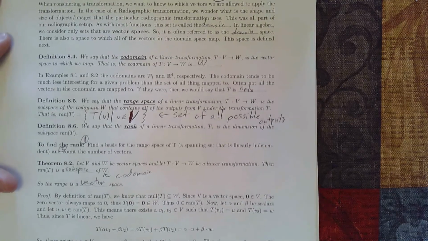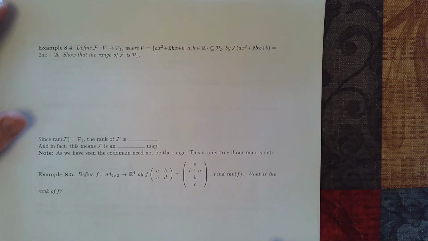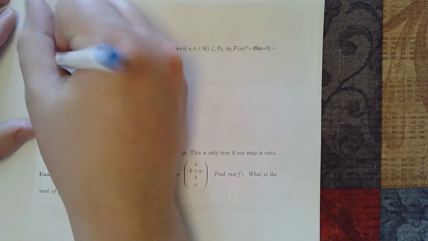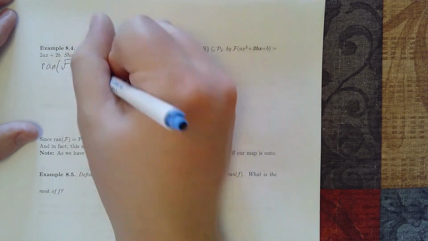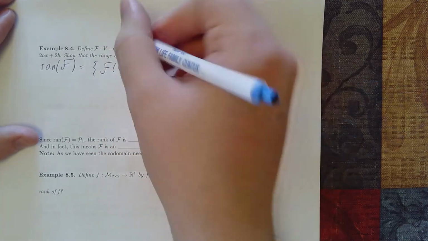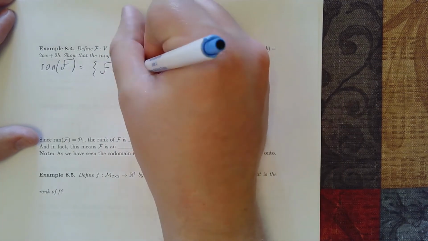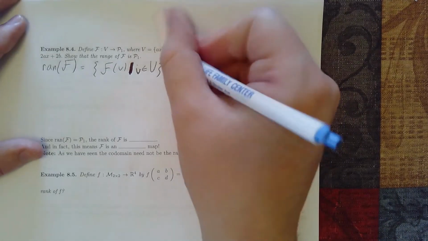Okay, so let's walk through trying to find the range space for a function. This is the function we were dealing with before. The range space of this function is the set of all outputs such that the input is from the vector space.